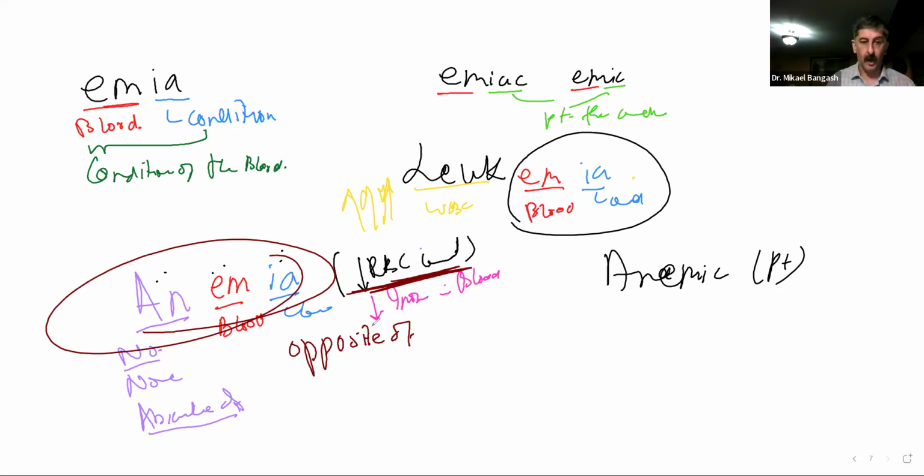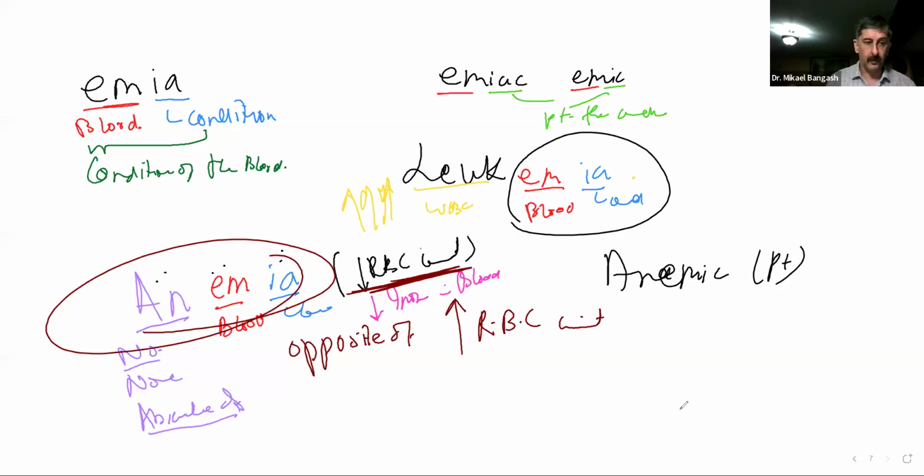But what if the opposite of that would be a greater than normal count of your red blood cells, that your blood actually has more than normal red blood cells? Here we go. We're going to make up this word and look at each component.